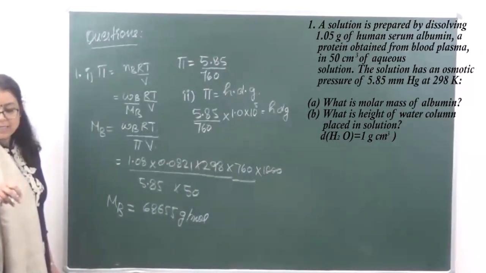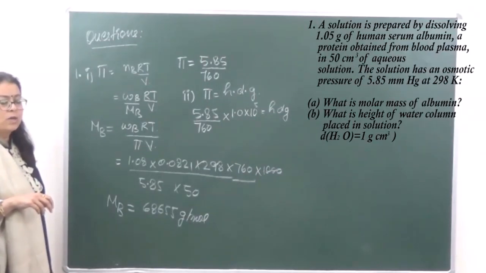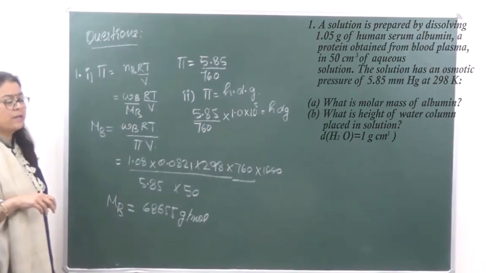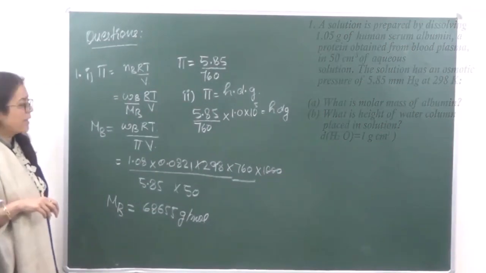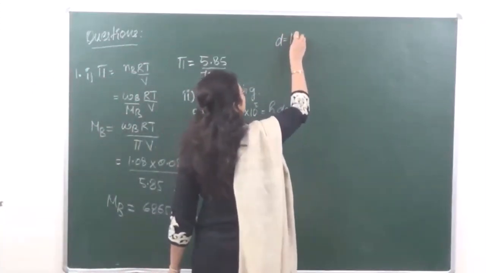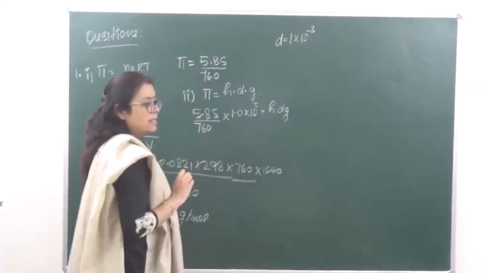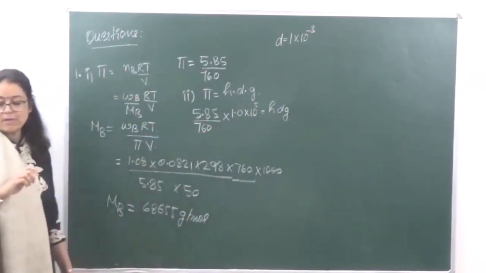What is density? Density is equal to 1 gram per centimeter cube, which will be equal to 1 into 10 raised to power minus 3. So density given to us is 1 into 10 raised to power minus 3. And what is acceleration due to gravity?